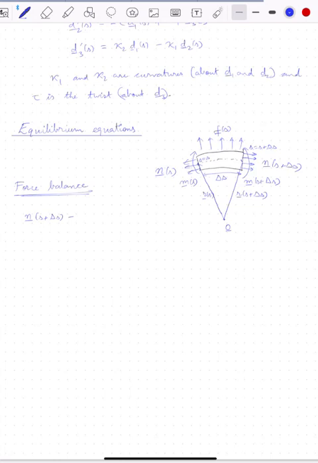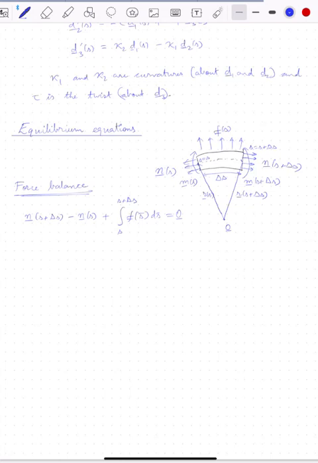So n vector of S plus delta S minus n vector of S plus the integral from S to S plus delta S of f vector of S bar, because S bar is a running variable here, is equal to 0 vector.